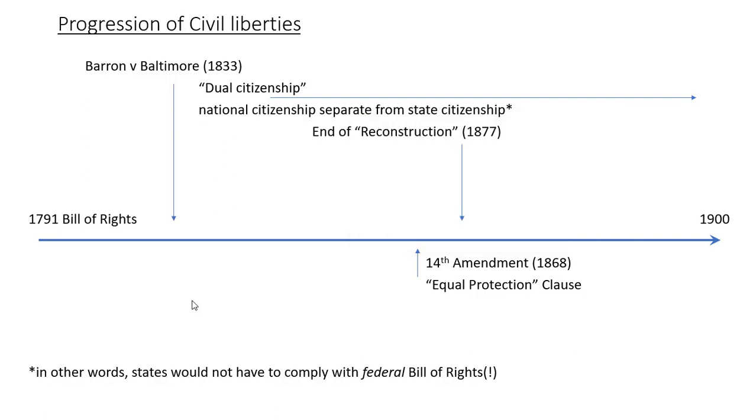But Reconstruction effectively ended in 1877 because of that agreement. Military troops from the North were removed, and as a result, in the ensuing decades, the discrimination of former slaves and minorities, particularly in the South, started to increase.